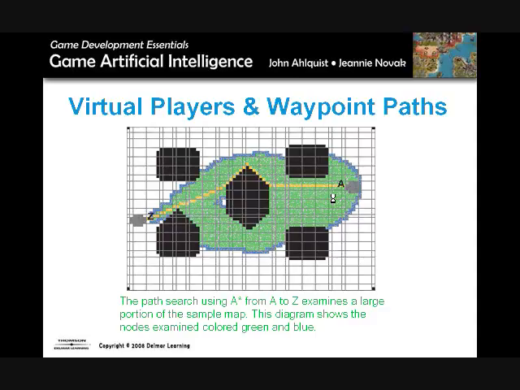I could move from A to waypoint 1 here, and then maybe there's another waypoint over here, and so I could traverse along these trying to move from my start to my finish. This also builds into the idea of the hierarchical path nodes that I'm going to go into in a little bit. But basically it's trying to abstract out a higher level path rather than trying to use every single node to guide where you're going.